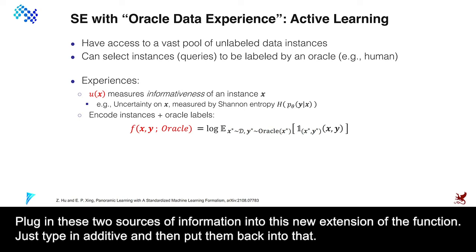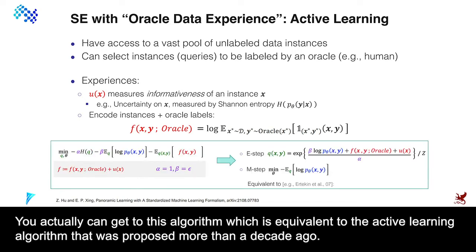Plug these two sources of information additively into the newly instantiated experience function, and then plug it back into the standard equation. You actually get an algorithm which is equivalent to the active learning algorithm that was proposed more than a decade ago.